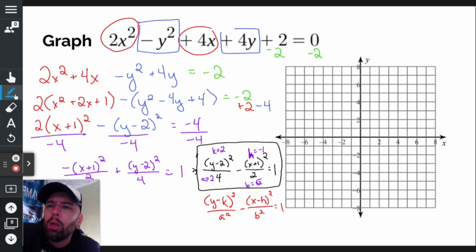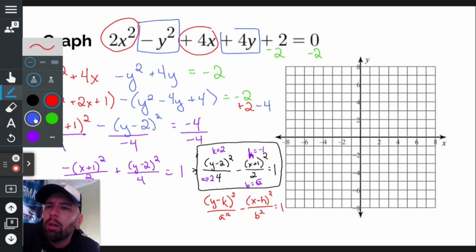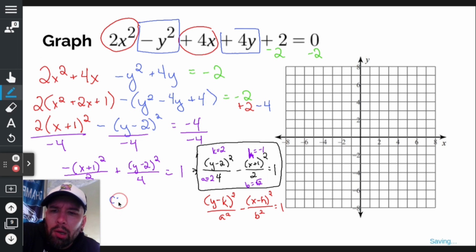We need to identify our center. Our center is going to be (h, k), which is negative 1, 2. That's our center. Our vertices are going to be h, k plus or minus a.